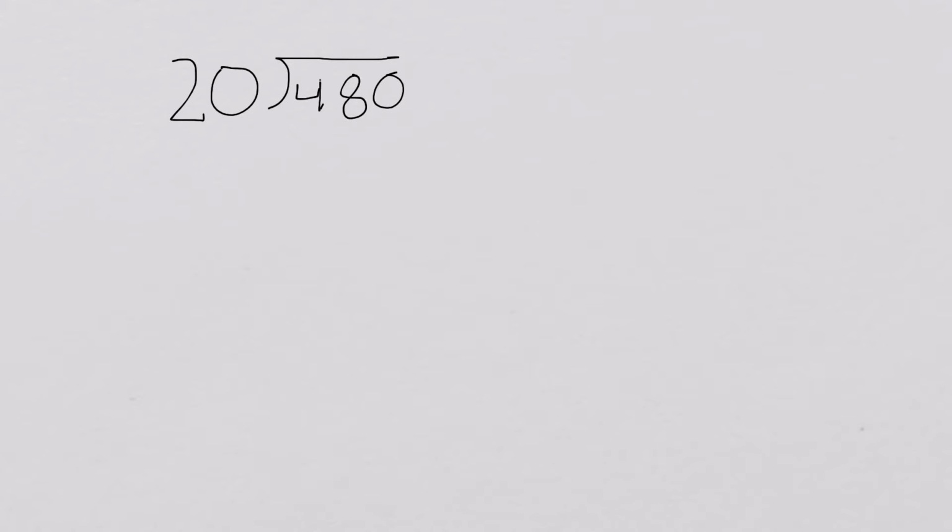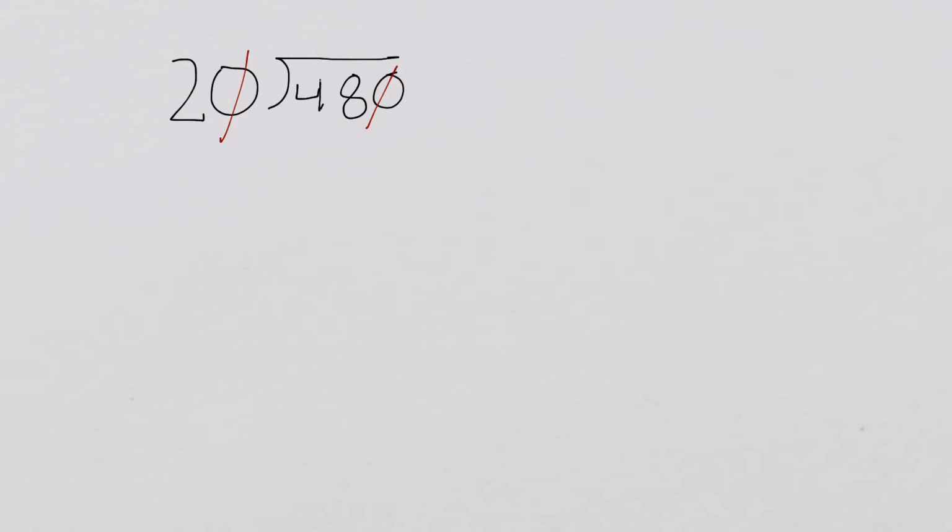When we have a double-digit divisor that is a multiple of 10, we can check to see if our dividend is also a multiple of 10. Basically, if it ends in a 0, it's a multiple of 10. And if it is, we can make the problem easier on ourselves. For every 0 we have over here, we can take off a 0 over here. So if I take off this 0, I can take off that 0.